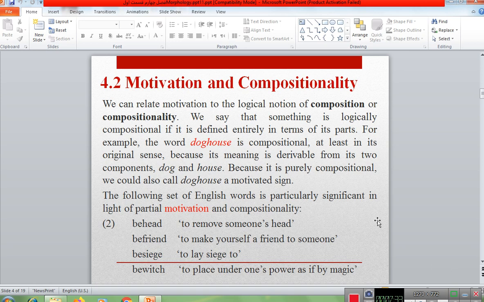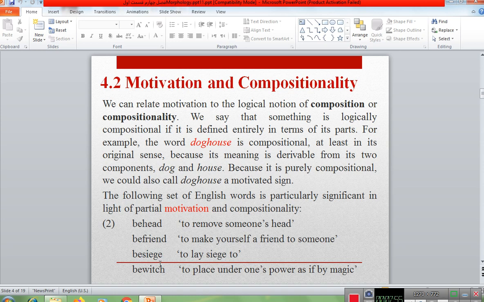Our first response to this list is to say that these are all morphologically complex words. They consist of, for example, be plus head, be plus friend, be plus siege, and the other examples.